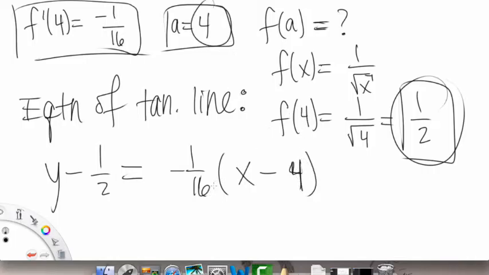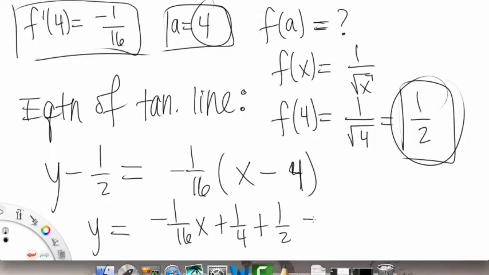Okay, and then we can simplify a little bit more. So this will turn into y equals -1 over 16x, and then this is plus a 1/2, plus a 1/4, and then plus another 1/2 from over here, from this side. I move that over. And then this will turn into -1 over 16x plus 3 over 4.